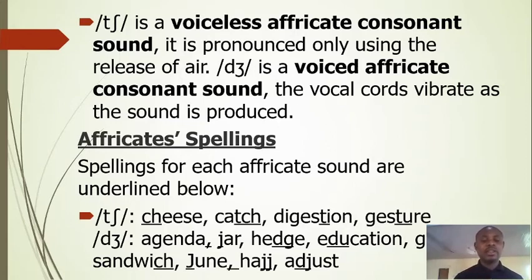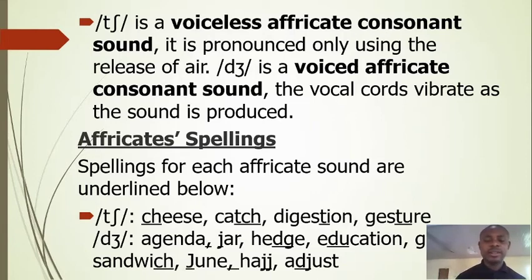It also has G as a spelling symbol, as in jury, gigolo, prestige. There the G gives the fricative sound, but for the other words I pronounced earlier, like agenda, G gives us j, as seen on the screen. Now we have letter J as in jar, Jude, June, jest, jog.